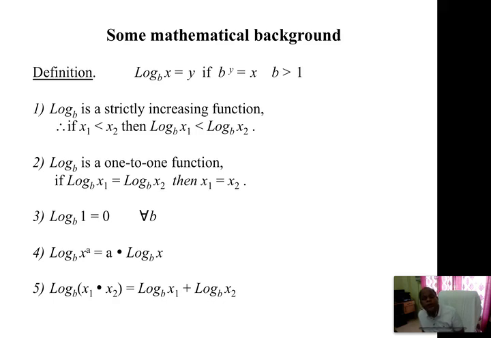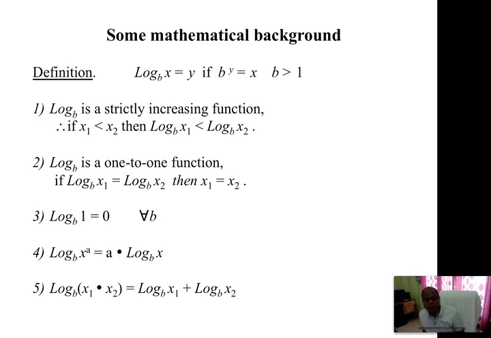Log base b is a one-to-one function. If log x1 to the base b is equal to log x2 to the base b, then x1 is equal to x2. Log 1 base b is equal to 0 for all b.